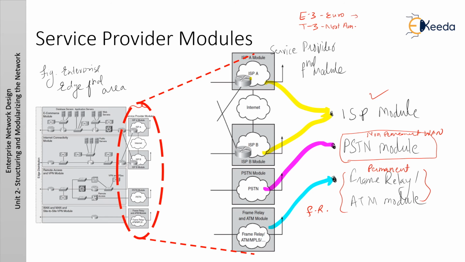E3 has a bandwidth of 34.368 Mbps and T3 has a bandwidth of 44.736 Mbps typically. Now come to ATM, a higher speed alternative to frame relay. ATM, asynchronous transfer mode, is a high performance, cell-oriented switching and multiplexing technology for carrying different types of traffic.